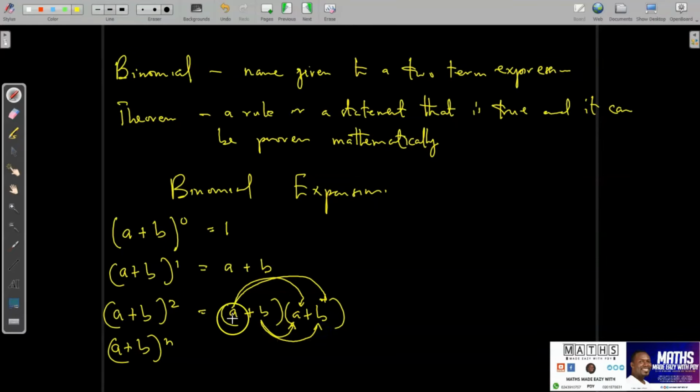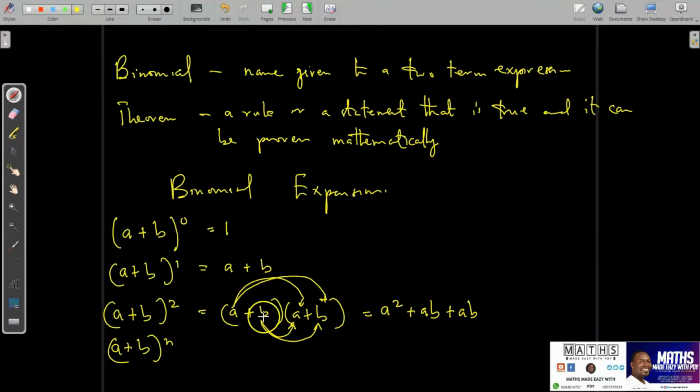In doing so, a times a will give us what? A squared. And then a times b will give us ab. Then b times a will give us also ab. Now, I explained to a couple of students some time ago that whenever you are multiplying variables, you always need to leave your answer in alphabetical order.